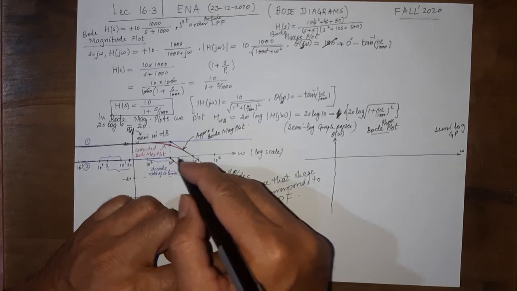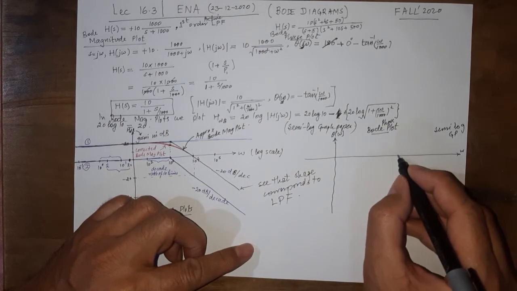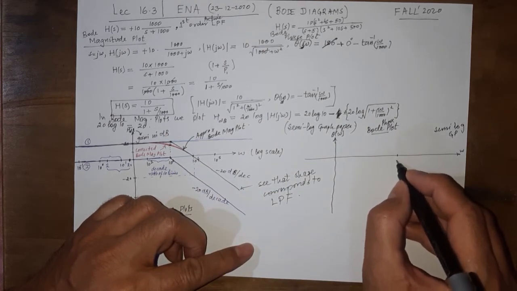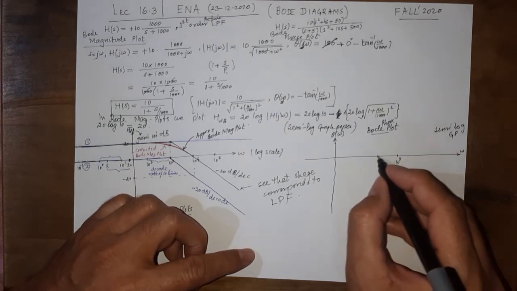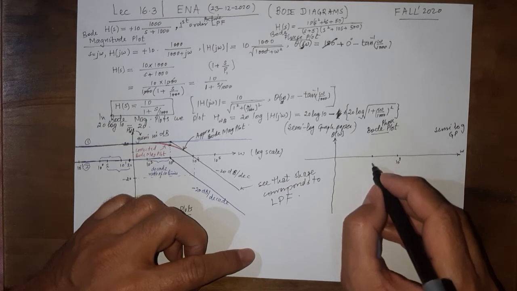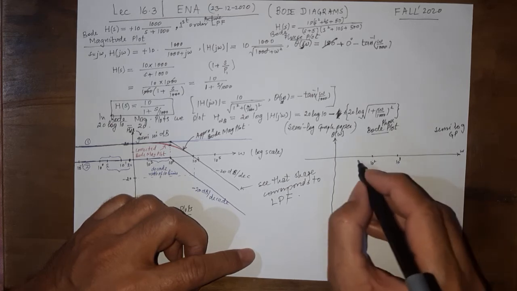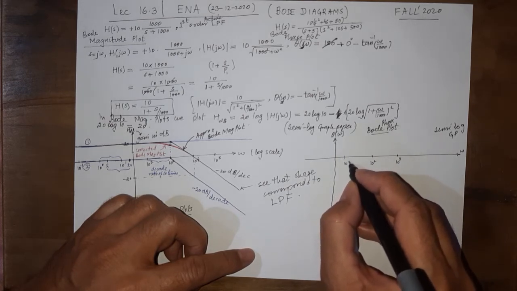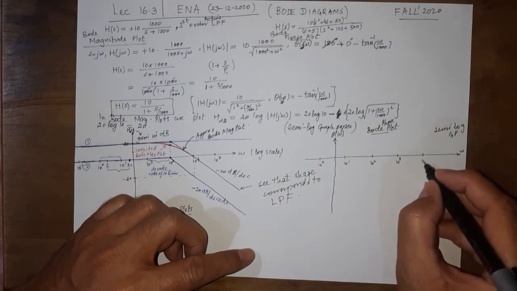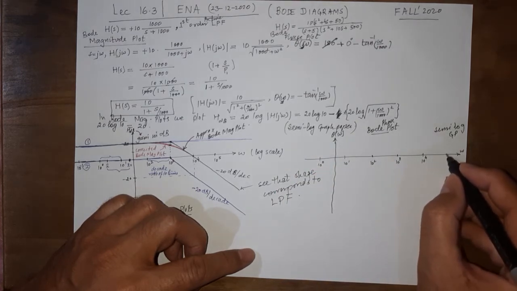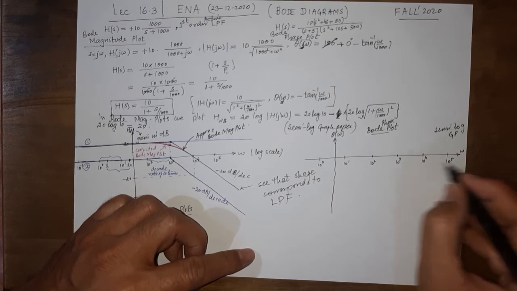I try to move this 10^3 a little further in order to clarify what is going to happen one decade behind this. So suppose this is 10^3, this is 10^2, this is 10^1, this is 10^0, and so on. And on this side we have 10^4 and 10^5 and so on.